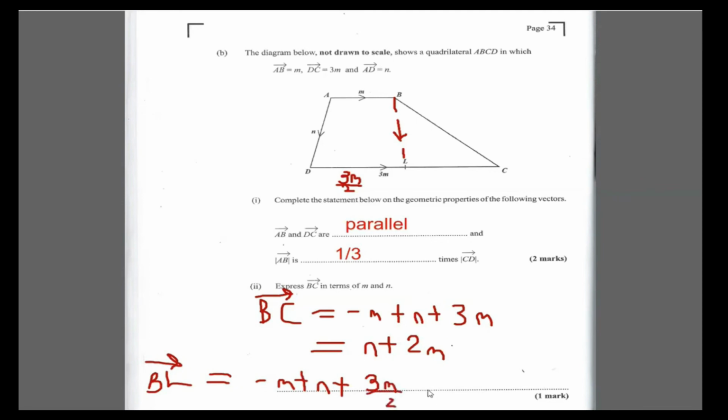So when you add that up, what we're getting is 3M over 2 minus M, 3 over 2 minus 1, that's a half. So this works out to be M over 2 plus N. That's BL.